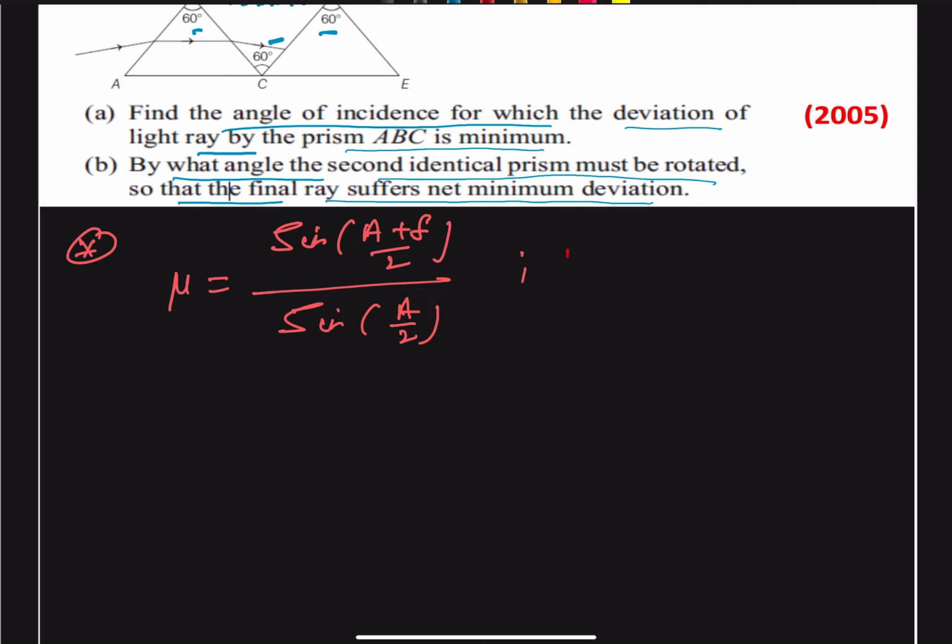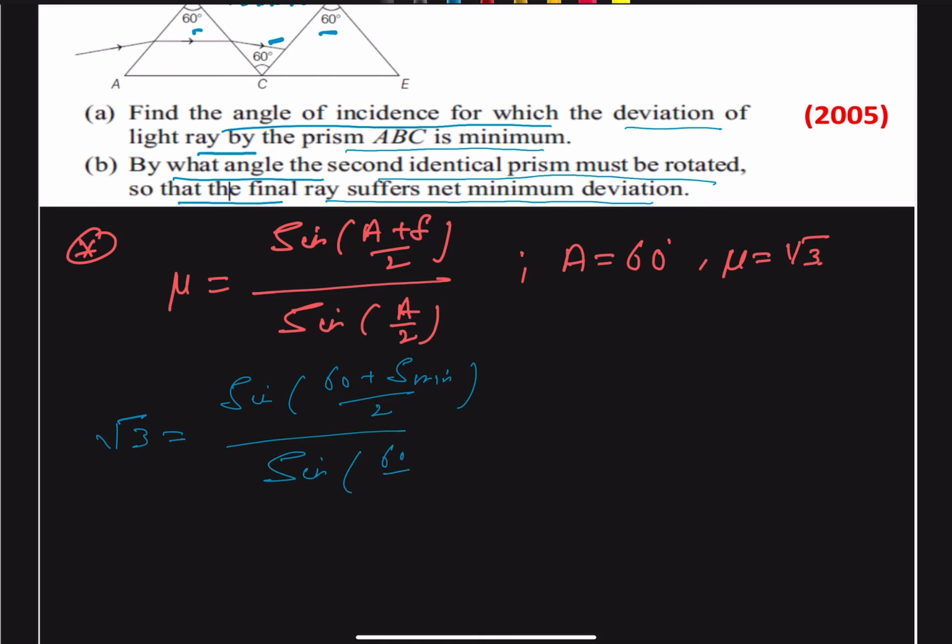We are given that the angle of the prism is 60 degree, and the refractive index is square root of 3. We are going to substitute the respective values. So we can write square root of 3 is equal to sine of (60 plus deviation, which we require to be minimum) divided by 2, divided by sine of 60 divided by 2.